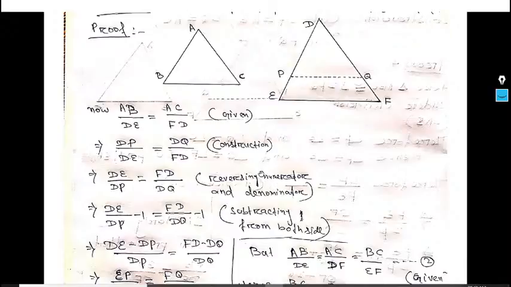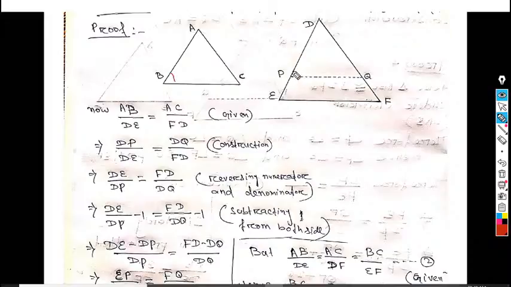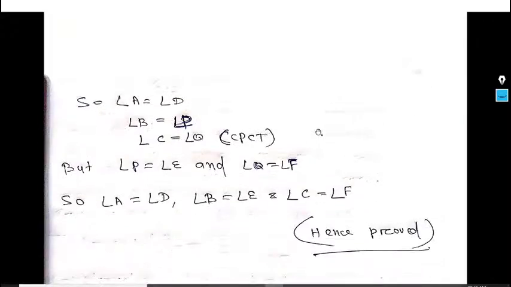Sides are already the same, so angles must be the same: angle A equal to angle D, angle B equal to angle P, angle C equal to angle Q. Why? CPCT, corresponding parts of congruent triangles.